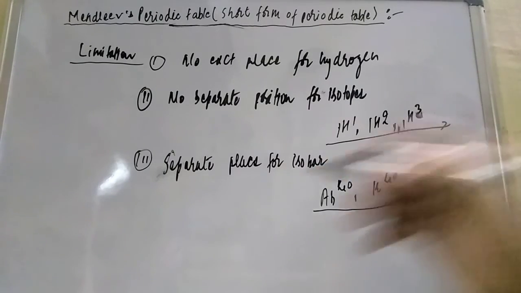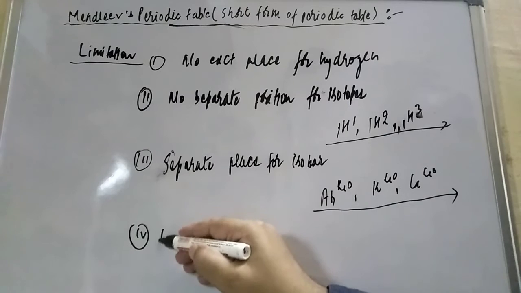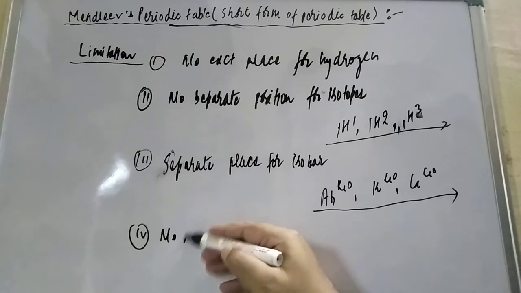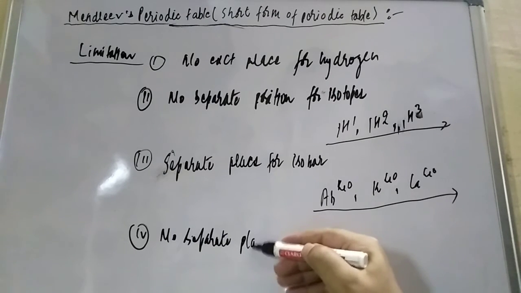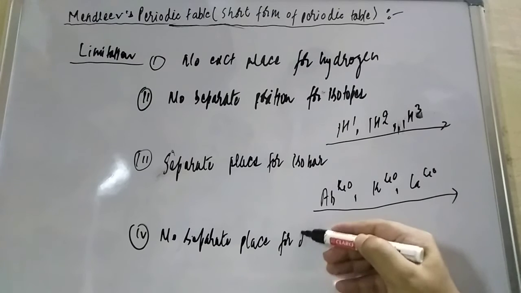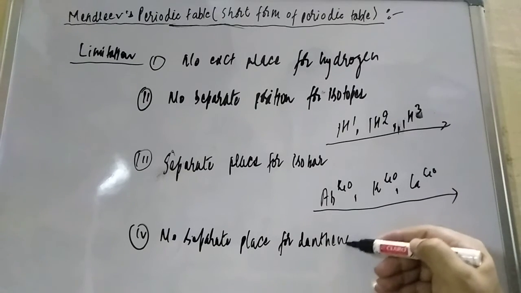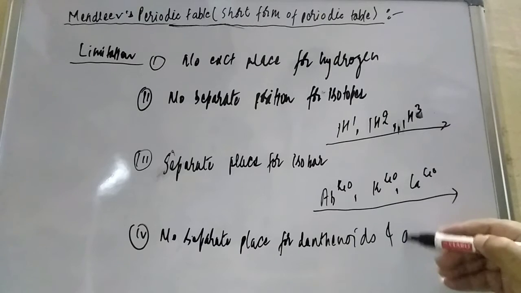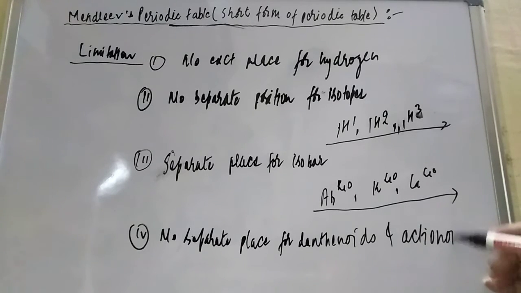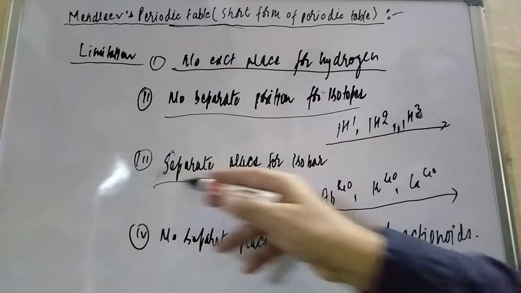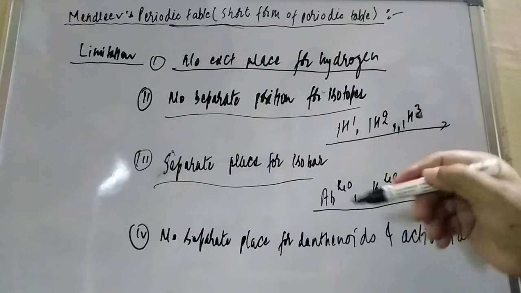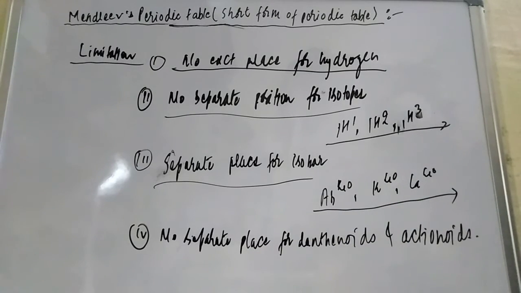And the last failure was that there is no separate place for lanthanoids and actinoids elements. So these are some of the failures of the Mendeleev periodic table: no exact position for hydrogen, no separate position for isotopes, no separate place for isobars, and no separate place for the lanthanoids and actinoids.